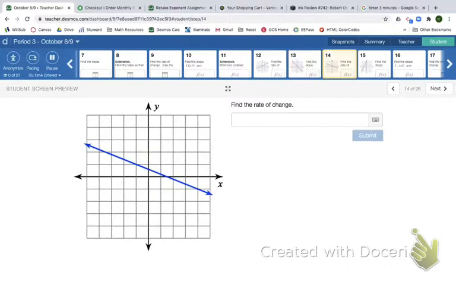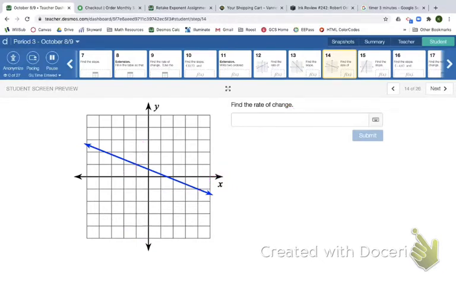For question 14, we find our 2 perfect points. In this case, I have a perfect point at (-1, 1), and a perfect point at (4, -1). And my slope is going to be 2 over 5, but it's a negative, so my slope is negative 2/5.